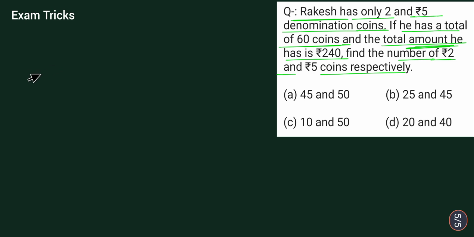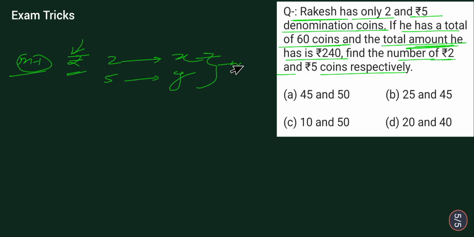Here a few methods I am going to discuss. The method number 1: let's say 2 rupees coins are x and 5 rupees coins are y. These two are the number of coins, right?